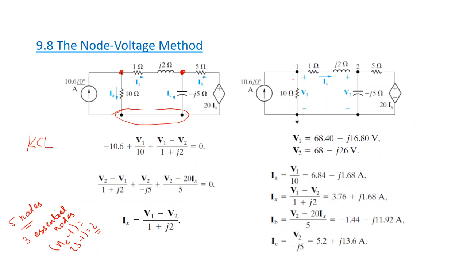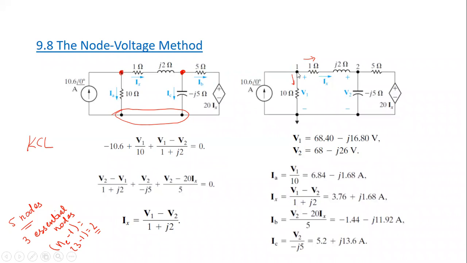Now I need to take this current and this current. The current which is going down will be V1 divided by the impedance, and the impedance here is 10 ohms. So we have only resistance. So it will be V1 divided by 10.